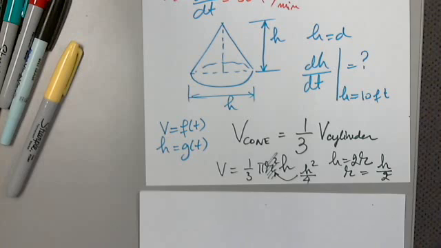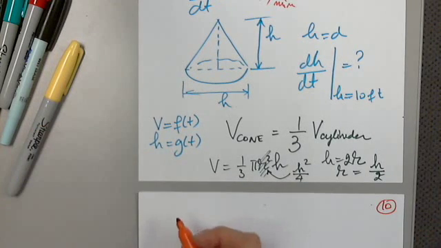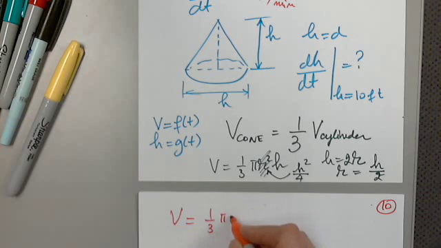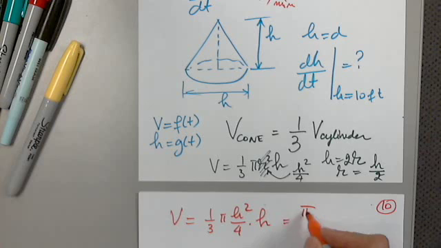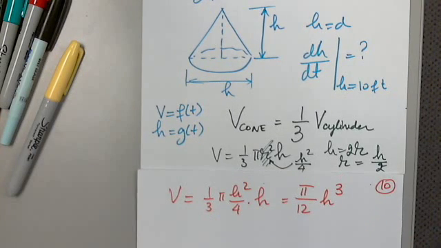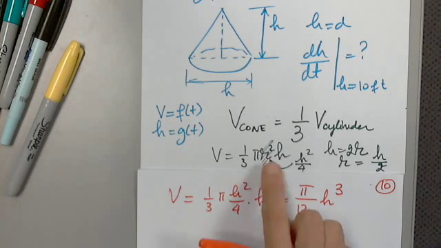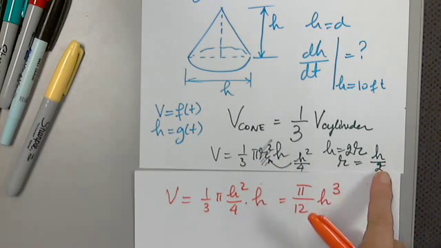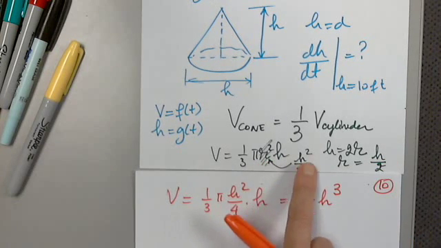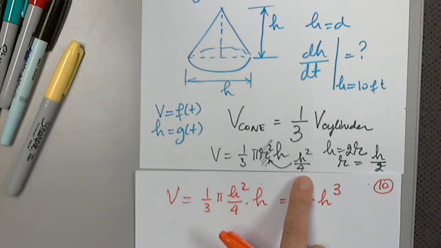So then, one more time, V equals 1/3 pi H squared over 4 times H, which is pi over 12 H cubed. Do we agree with pi over 12 H cubed? I replaced r by H over 2, and when I squared r, I got H squared over 4.